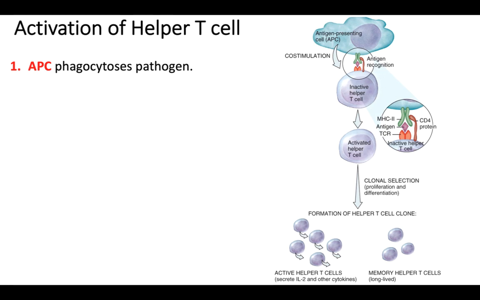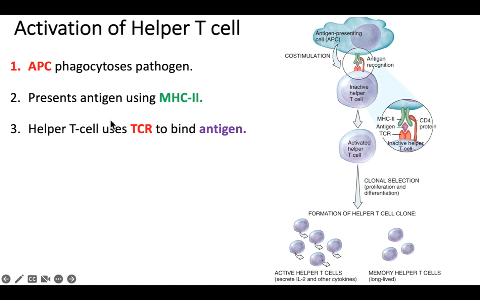An APC phagocytoses the pathogen. It presents it using MHC2. Again, that's the green thing. The helper T cell uses its T cell receptor, aka antigen receptor, to attach or bind to the antigen. And it uses its CD4 receptor to bind to and attach to the MHC2.